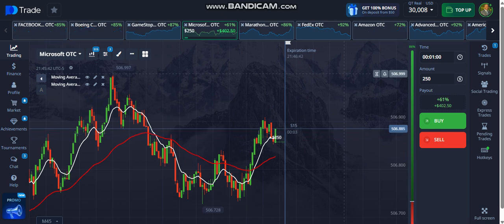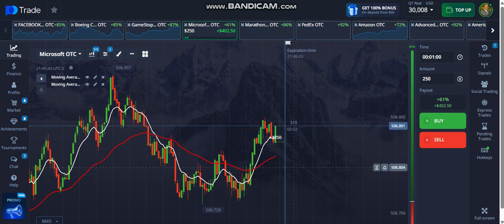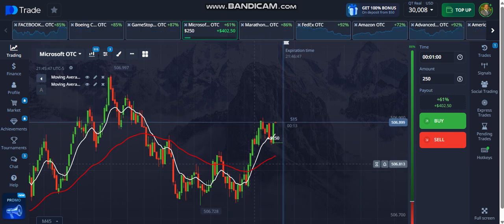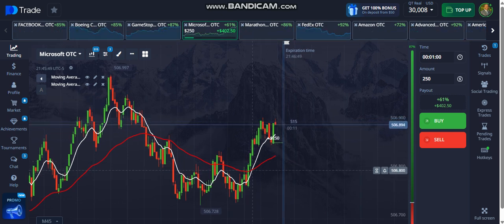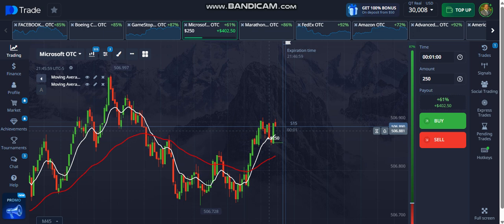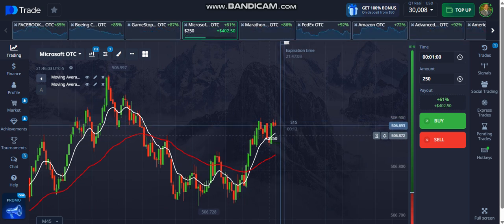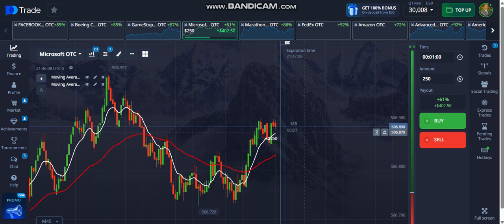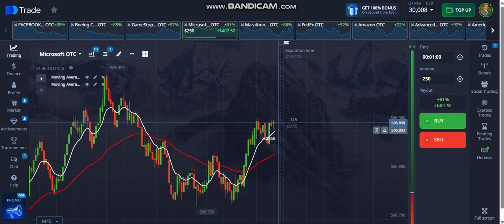So let's hunt for another setup. Okay, so here's a situation where the 10 EMA crossed the 50 EMA, the white line crossed the red line there. And then what I'm waiting for is that retracement back to the 10 EMA line. And when the price hits that line, I took a bullish trade, I took a buy trade right at that level because the price is respecting the line.